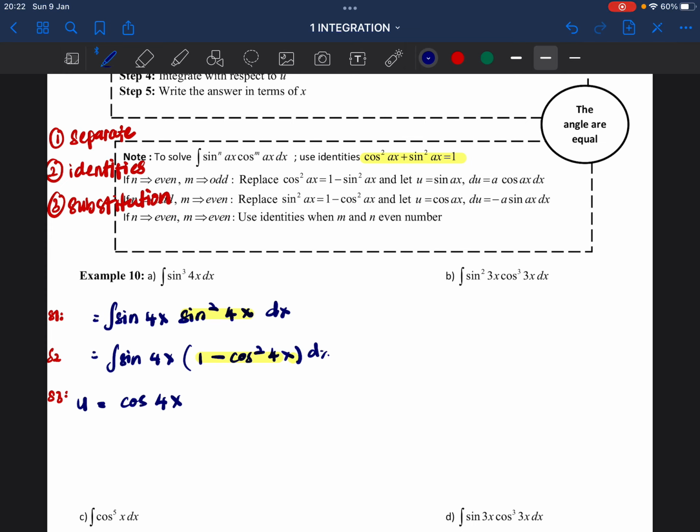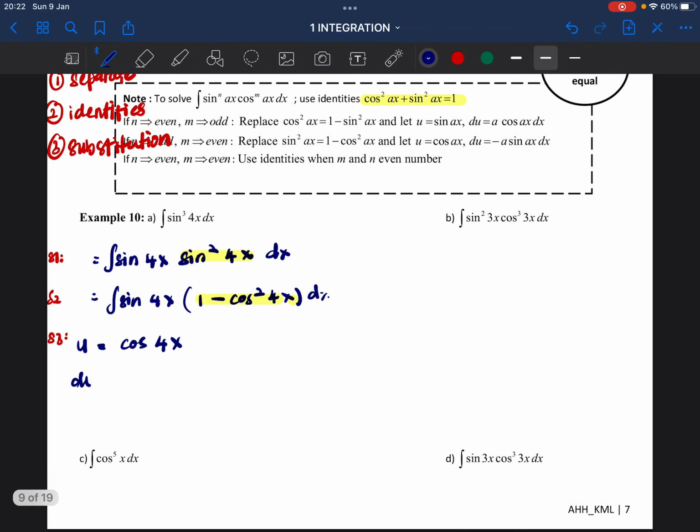So now we are going to differentiate this. We will get du equals negative 4 sine 4x dx. As what we did before, the blue color here is sine 4x dx. So we are going to make sine 4x dx the subject, on the right hand side.